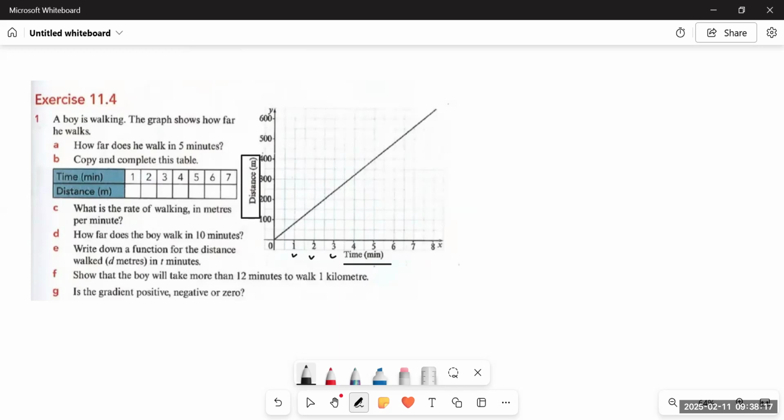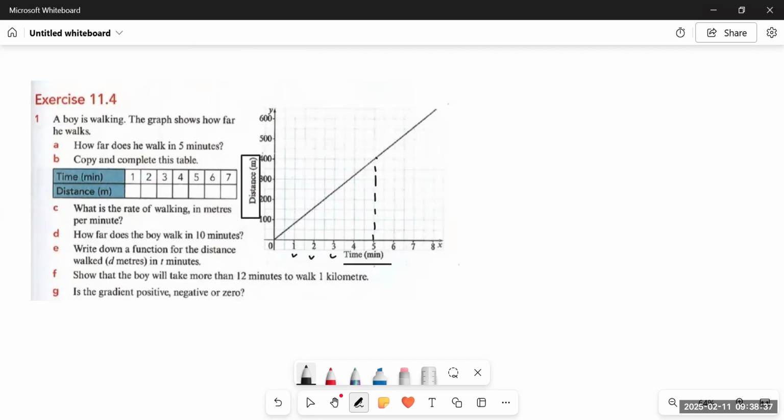So let's see how far he walks in 5 minutes. For that, what are we going to do? We'll just put the scale at 5 and start going upwards in a straight line. And we'll figure out where this line coincides with the y coordinate.